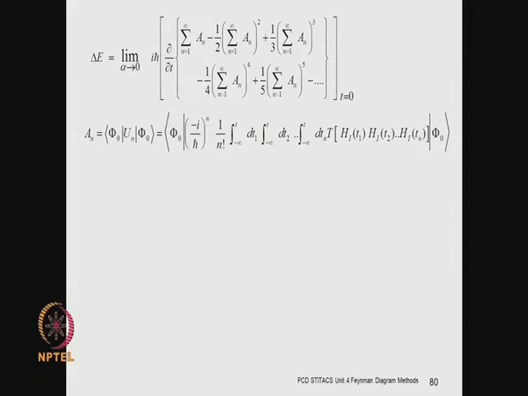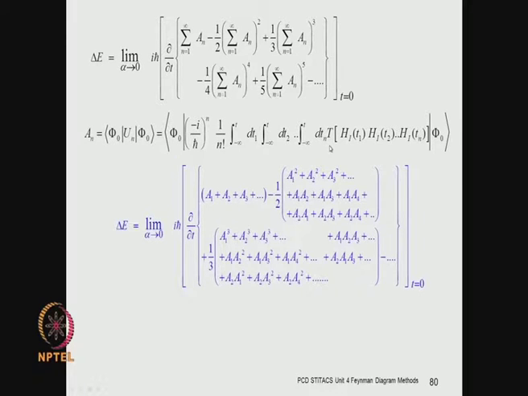We have to keep track of what is what, and we have a fairly complex expression over here, because the energy correction now will be the time derivative taken at t equal to 0 of the logarithm expansion, and you have got a number of terms over here. Each An itself is quite a complicated factor. It has got n different time integrals over different time domains, and if you expand these terms, summation over An from n going from 1 through infinity, you have A1, A2 and so on.